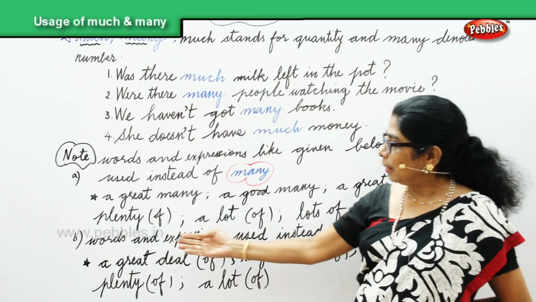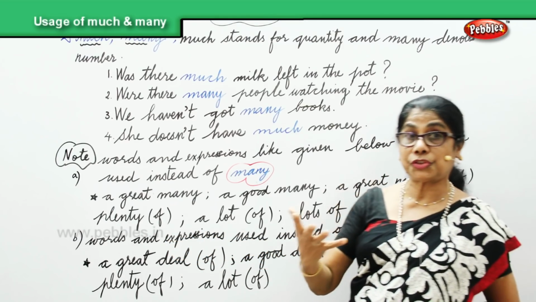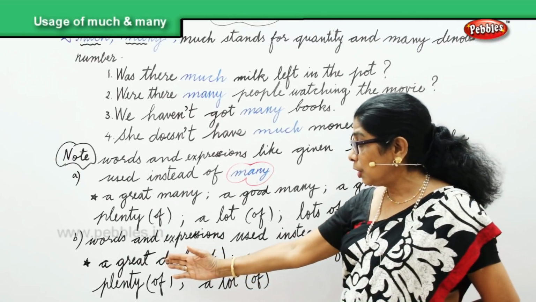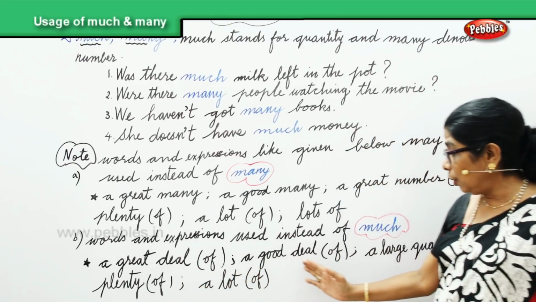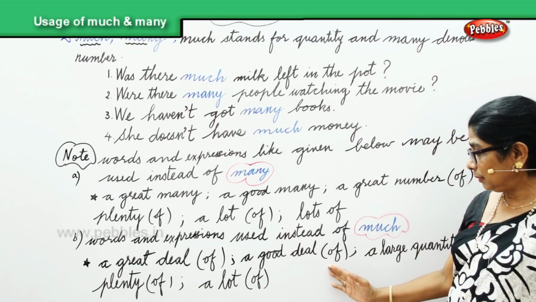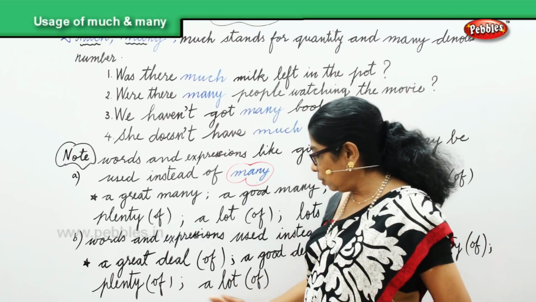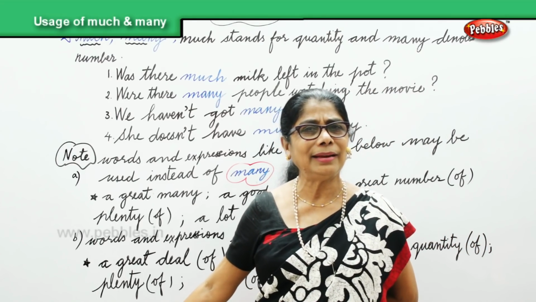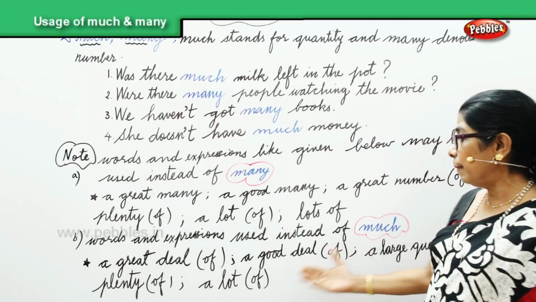Now, words and expressions used instead of much. Instead of much, you can say a great deal of work was done. A good deal of. A large quantity of. Plenty of. Lots of. A lot of. There's plenty of water to drink. There's plenty of water in the river. Instead of saying there is much water.